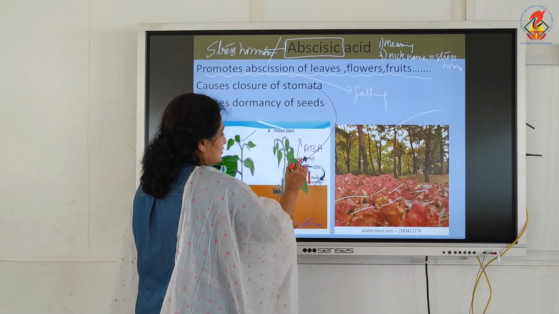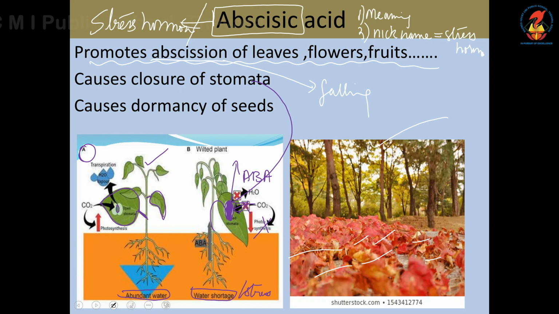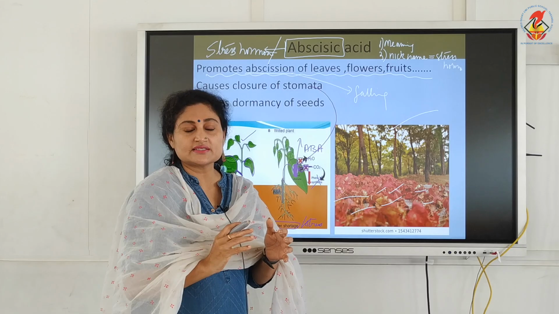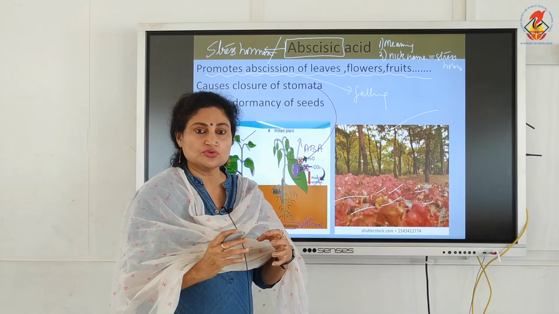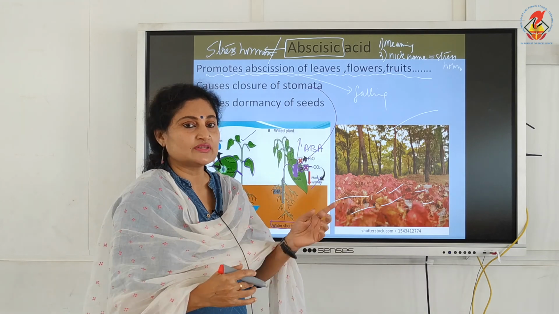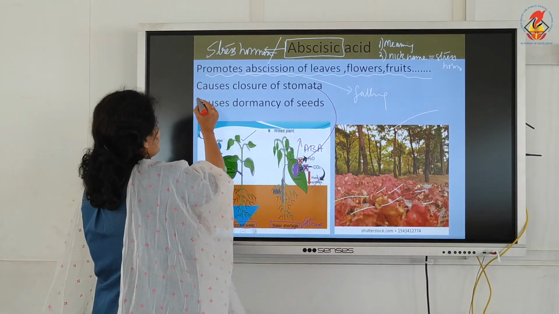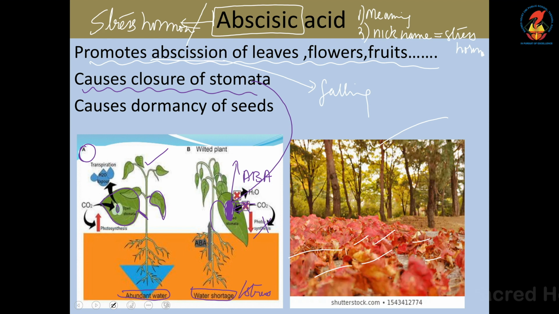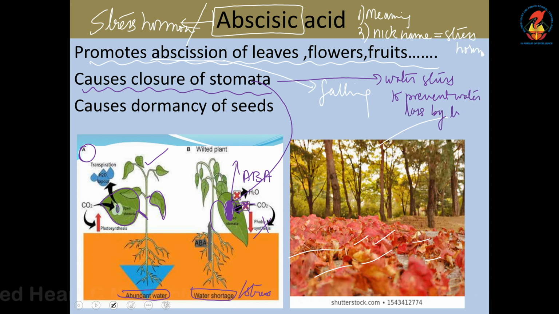So, the stomata are all closed. Whether photosynthesis takes place or not is not a matter. Definitely photosynthesis will not take place because the stomata shut. But it is a strategy to tide over, to cope with the scarcity of water. So, in short, we can say it causes closure of stomata under water stress so as to prevent water loss by transpiration.